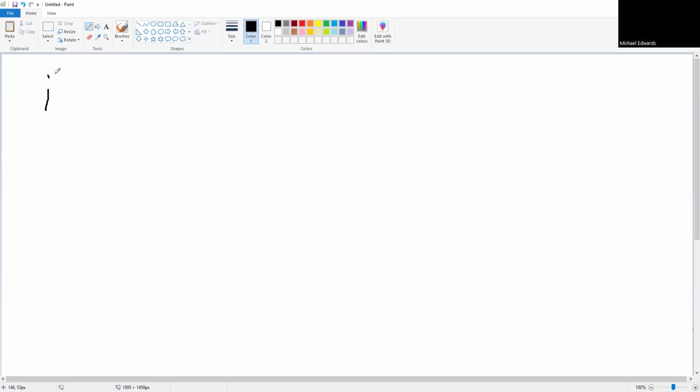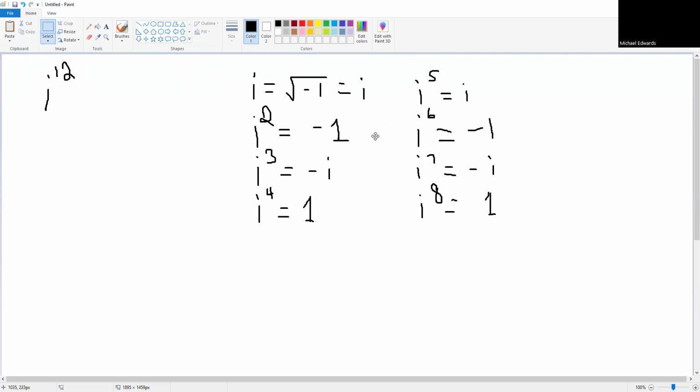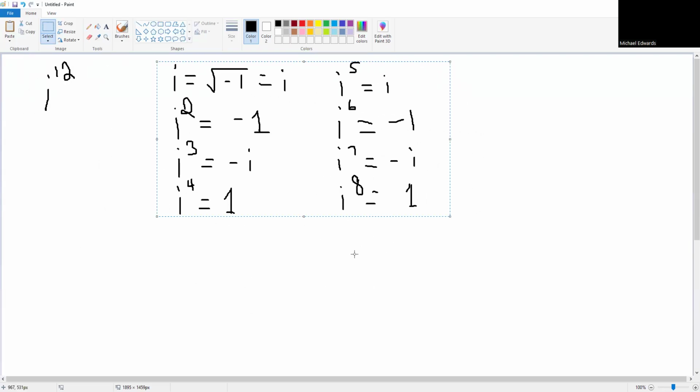So i to the 12th can be simplified. If we look at the chart we had here, we see there's no 12 on here, right? But we want to solve this. How do we do that?